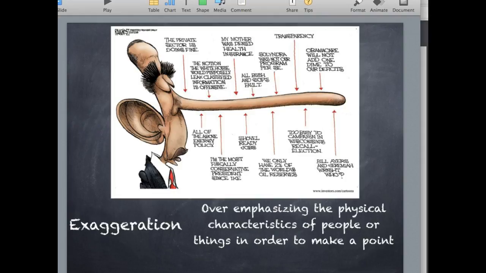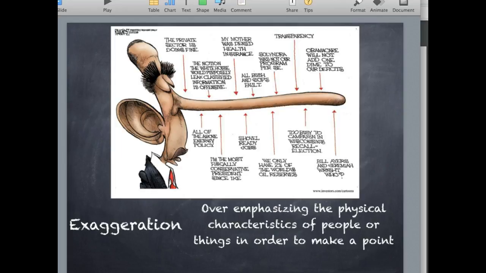Another strategy is exaggeration. If the cartoon is referring to a particular person, sometimes they over exaggerate their physical features. Like Barack Obama is typically depicted with big ears. There was a kind of a smile they put with George Bush.